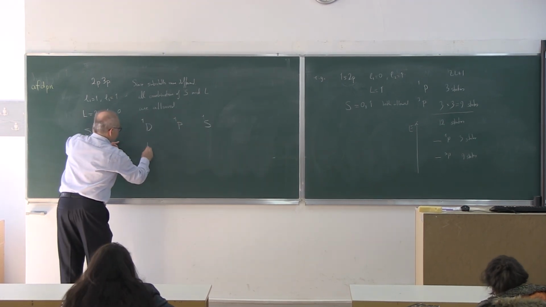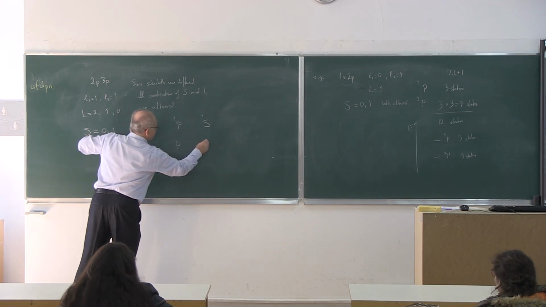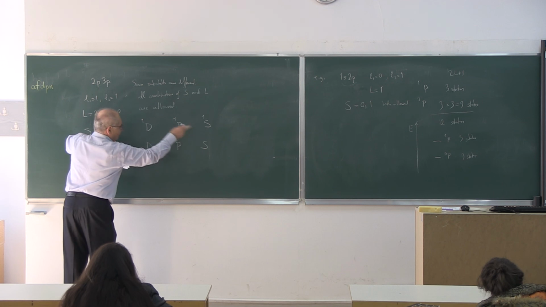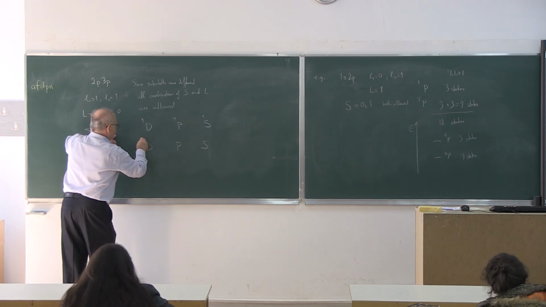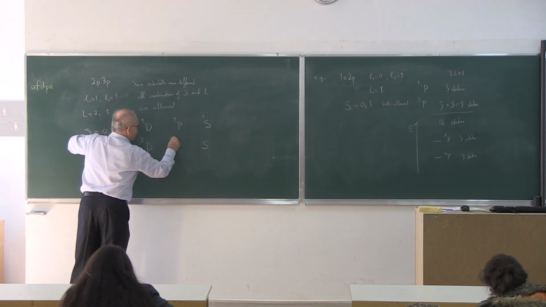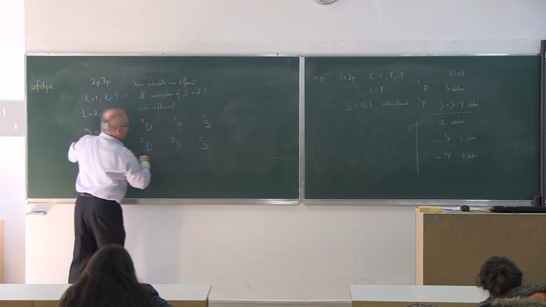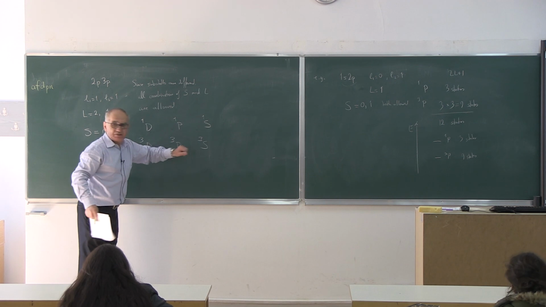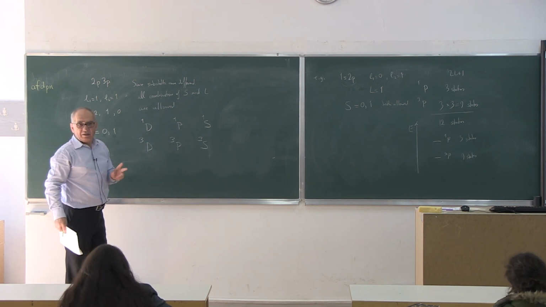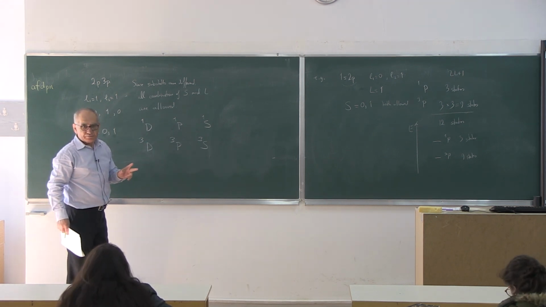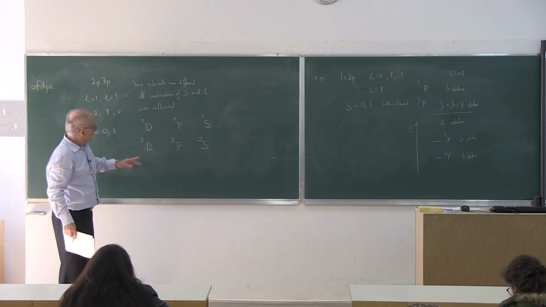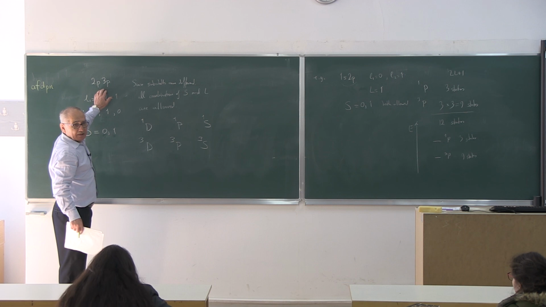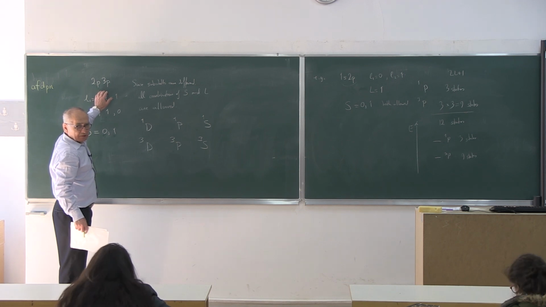But S equals 1 is also allowed with all of them. So in this case, multiplicity will be 3. So we have 1, 2, 3, 4, 5, 6 terms, all arising from this electron configuration.